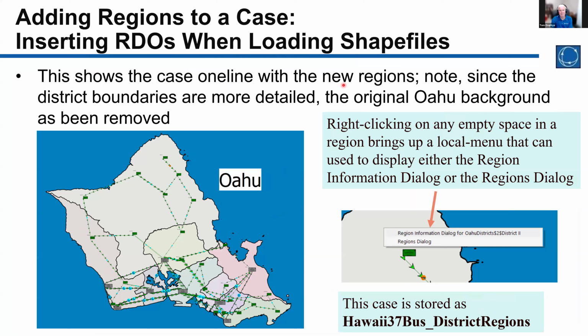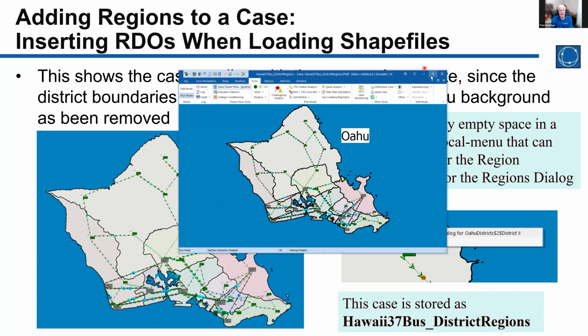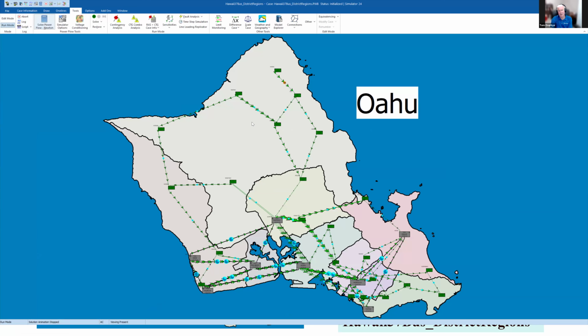So there's an example. Once you have a one line display, of course, you want to be able to get access to the data. When you have a one line display with these region display objects on it, if you right click on one of them in the background, you get an option for the region information dialog for that particular region.